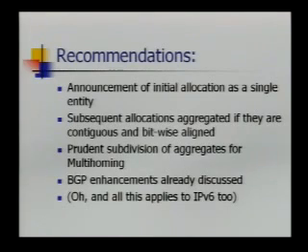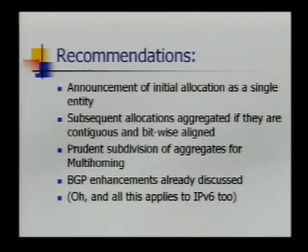Our recommendations: basically, we encourage people to announce the initial allocation as a single entity. It's not a case of, ooh, I got 32 Class Cs from ARIN. Class Cs ceased to exist in 1994, so people should be announcing, for example, a /19 rather than individual pieces. Subsequent allocations should be aggregated if they are contiguous and bitwise aligned.